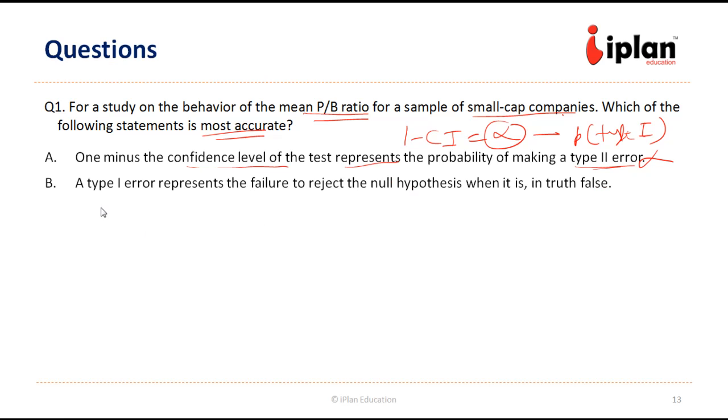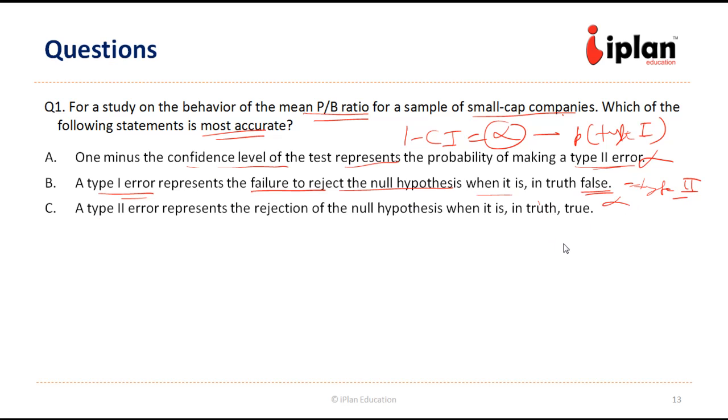B says a type 1 error represents the failure to reject the null hypothesis when it is in truth false. We know that a type 1 error is rejecting the null hypothesis when it is true. This definition is for type 2 error, not type 1. So even B is wrong.